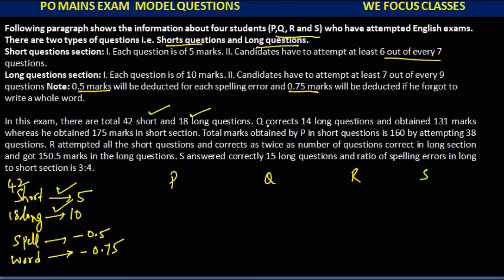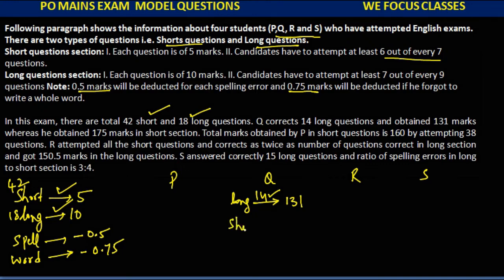Q corrects 14 long questions. So information is given about Q: he corrected 14 long questions and obtained 131 marks. And he obtained 175 marks in the short section.